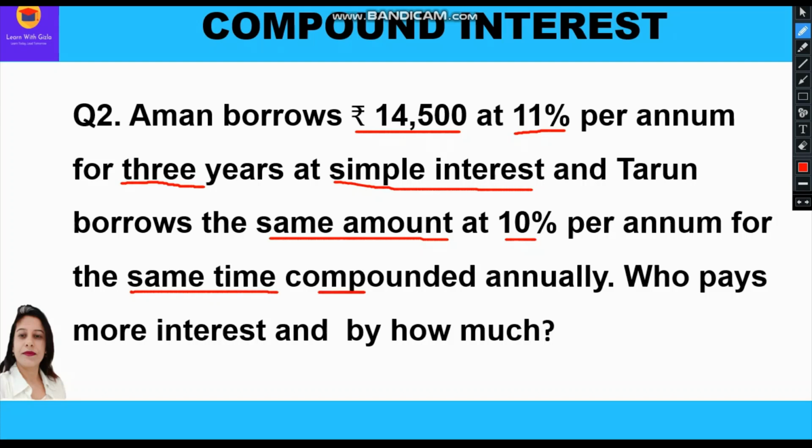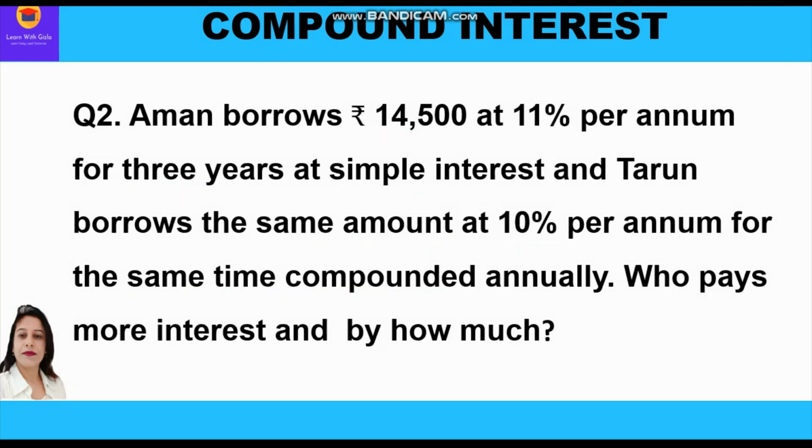That means Aman and Tarun are borrowing the same amount for the same time period. The only difference is their rate of interest. Aman is borrowing at 11% simple interest, while Tarun is borrowing at 10% compound interest. So we have to find who pays more interest and by how much. Let's start with the solution.